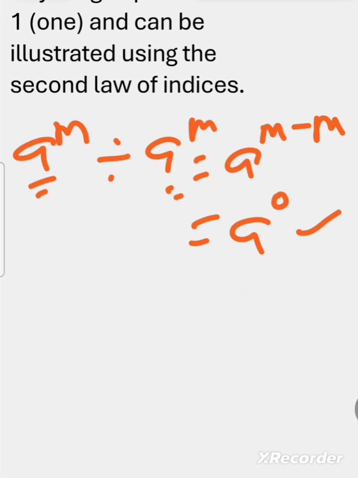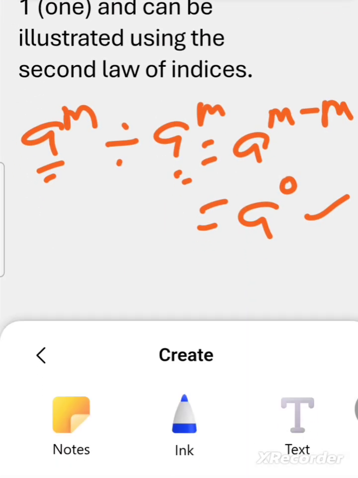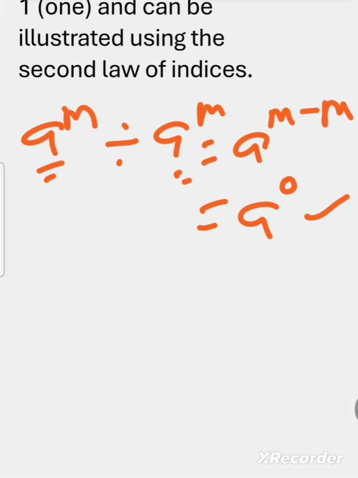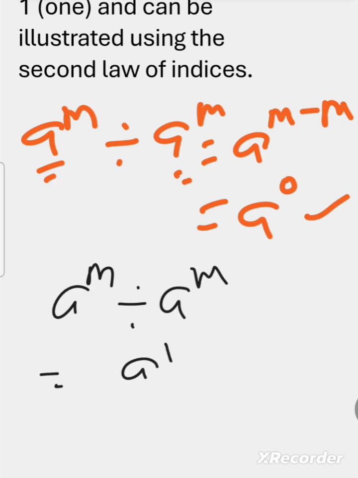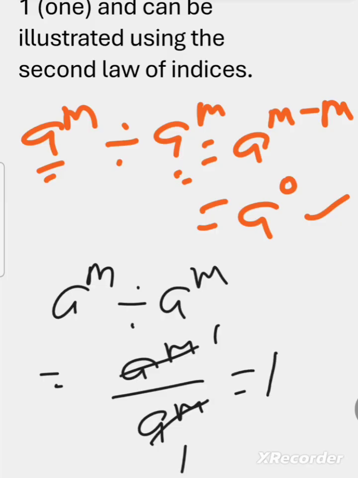But we can express this in a different way. Remember we had a power m divided by a power m. So this can be expressed as a power m over a power m, and a power m cancels here, 1, a power m cancels here, 1. So the answer would be 1.